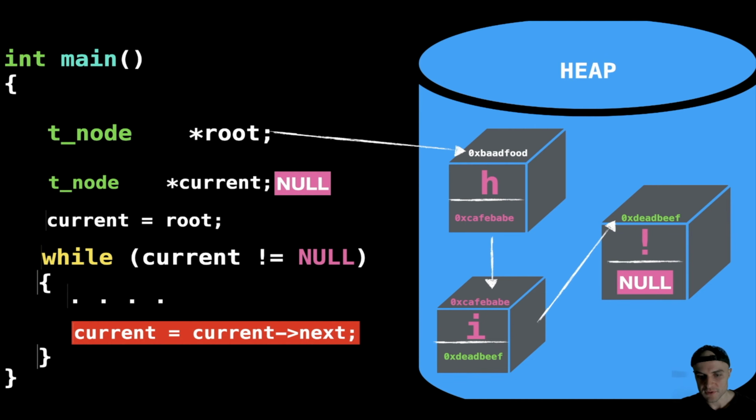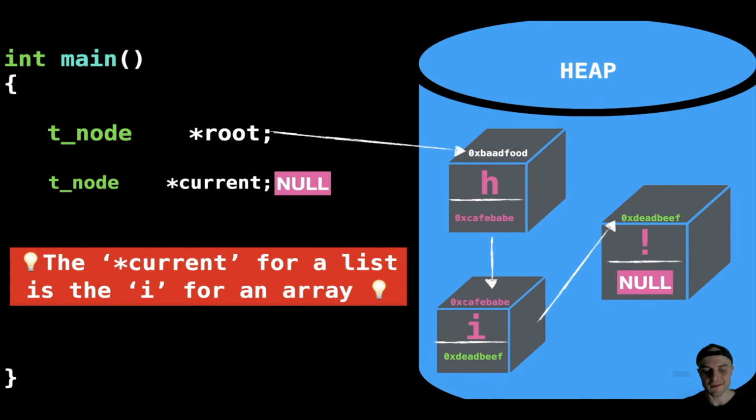So what is the gist of it? The current for a linked list is like the i for an array. That's exactly the same concept. We have a sentinel value for the char array, which is the \0 at the end, or it can be the actual size of the array. And for the linked list, we have a sentinel value, which is the null at the end of our chain.